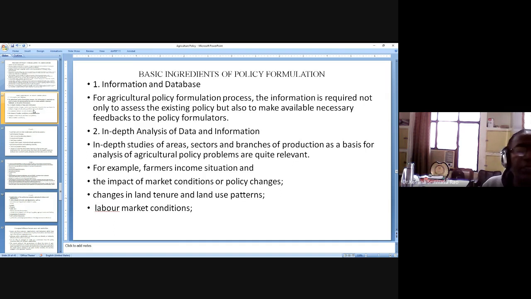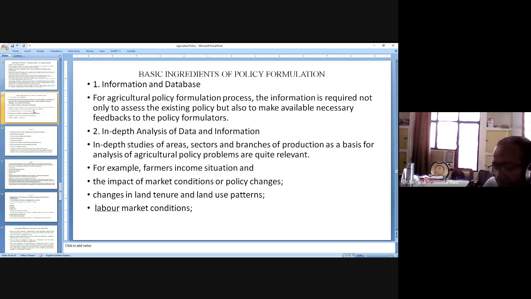In-depth analysis of data and information is needed. Whatever data has been collected has to be analyzed in an in-depth manner, and that information has to be circulated among all the people. In-depth studies of areas, sectors, and branches of production, as a basis for analysis of agriculture policy problems, are quite relevant. For example, farmers' income situation, the impact of market conditions or policy changes, changes in land tenure and land use patterns, and labor market conditions.